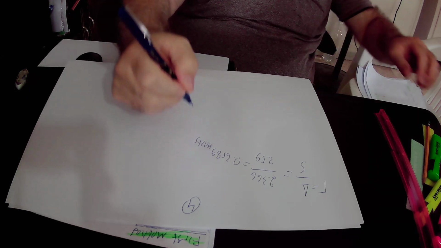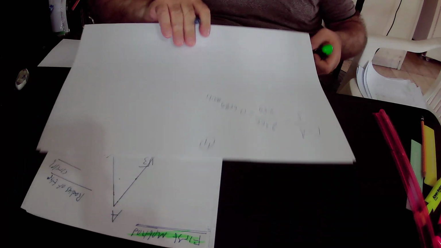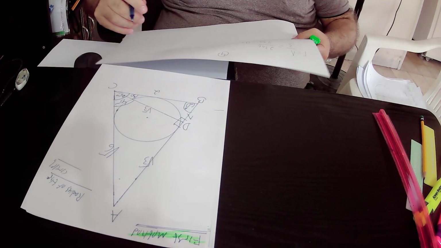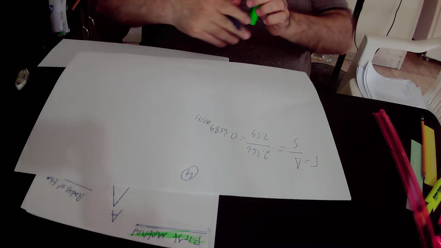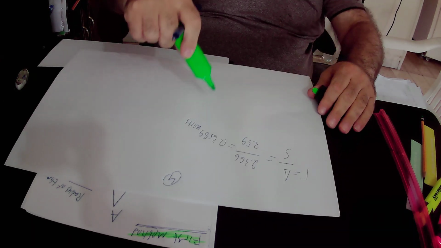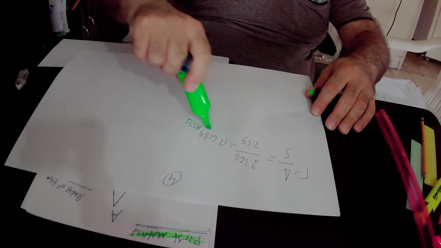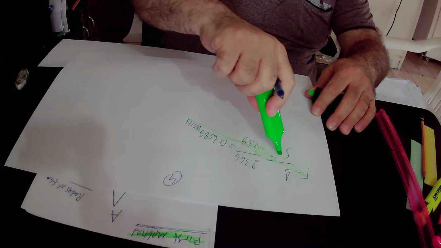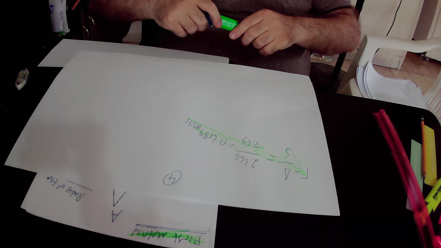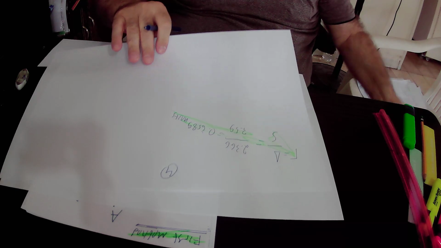So the answer to the question is that the radius of this circle inscribed by triangle ABC is equal to 0.6589 units. We finish with the first method.